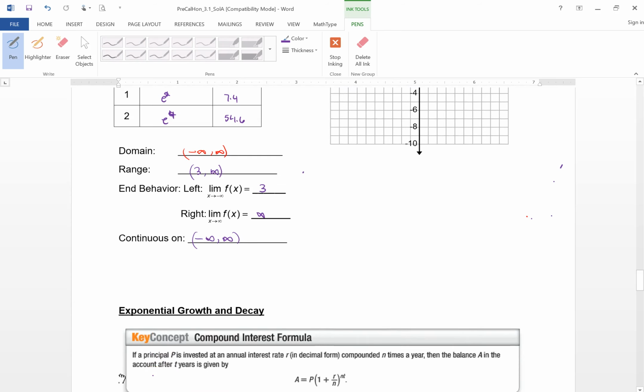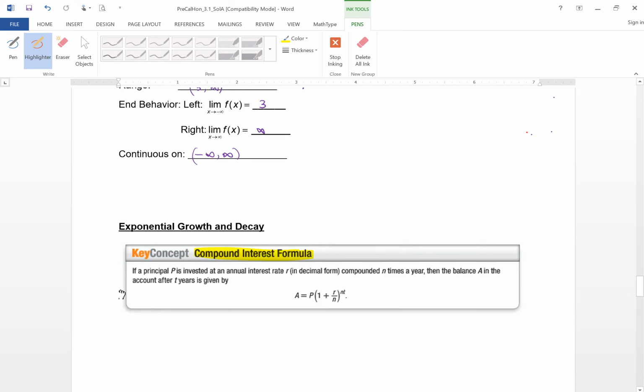Okay, now for some applications for growth and decay. One is compound interest. So you take your money to the bank, you put it in a bank account, and it accrues interest. There's simple interest, meaning, at the end of 5 years, if it was 5%, they just calculate it and give you a lump sum.